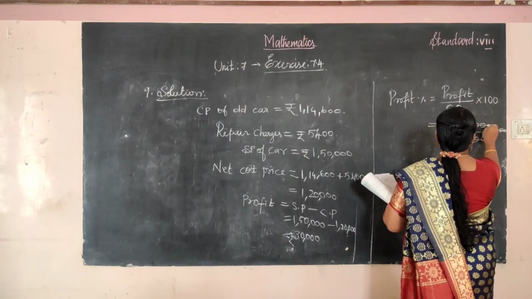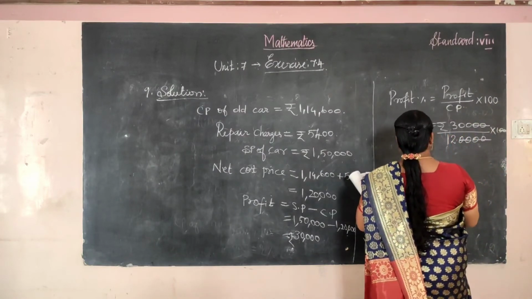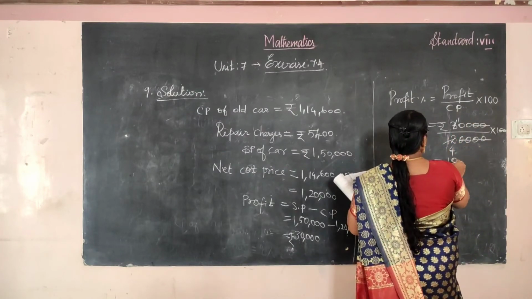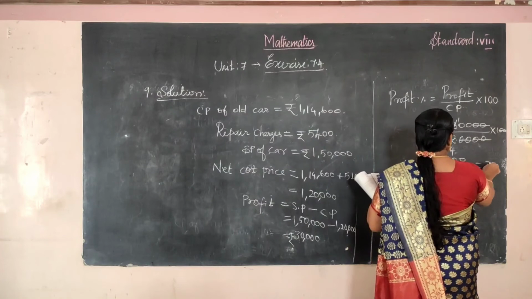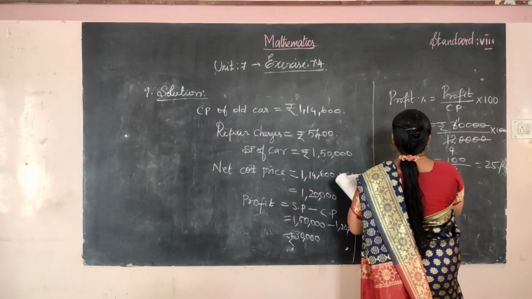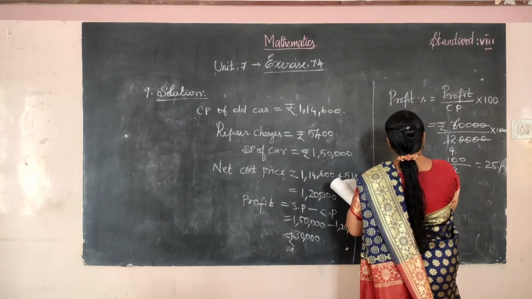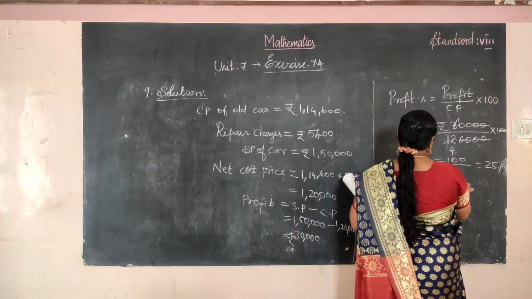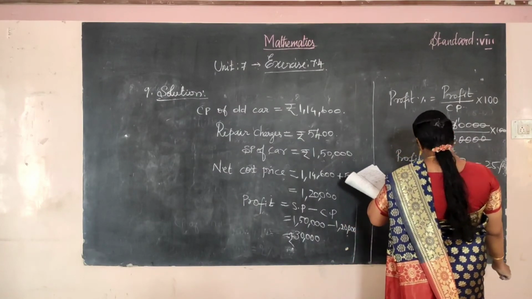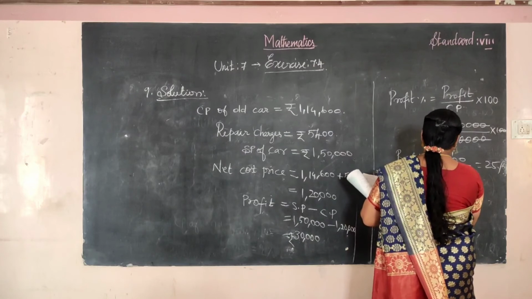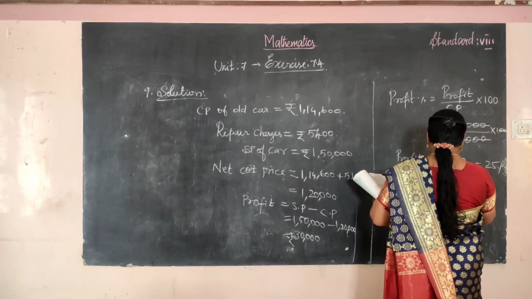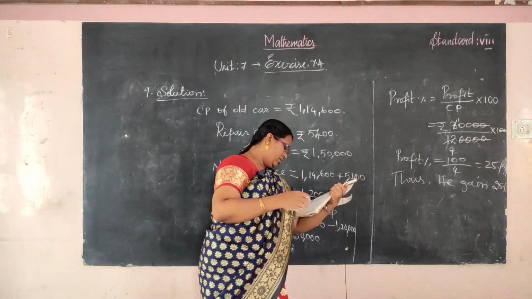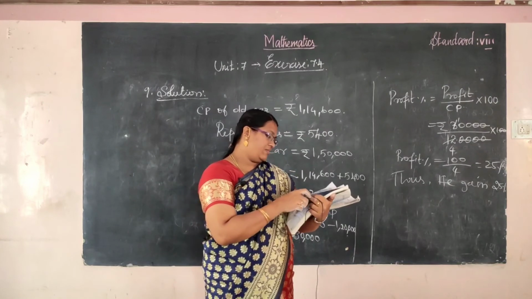Two zeros will be cancelled here. 3 4s are 12, so 100 by 4, so 25%. Thus he gained 25%.